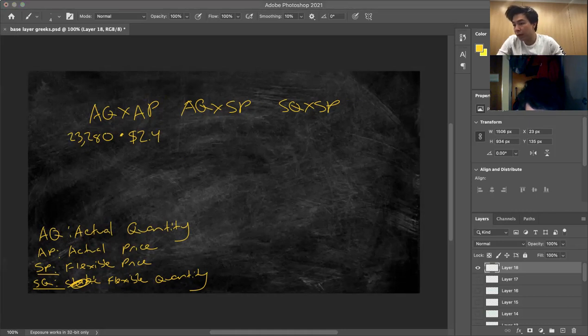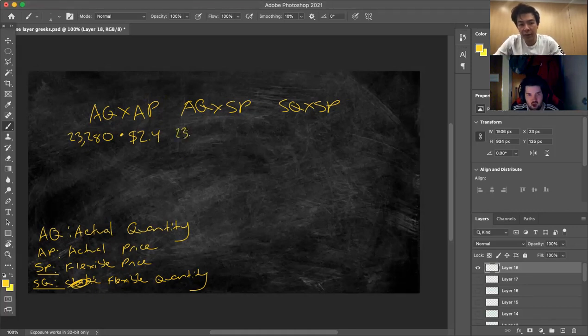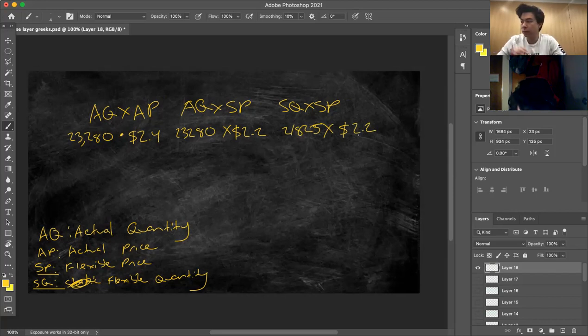Let's make sure we're doing this right. AQ again, same number. But now that's flexible, the SP is going to be $2.2. These are all AQs. And then the static or the SQ is going to be 21,825 times SP, which is $2.2. 21,825 times 2.2.